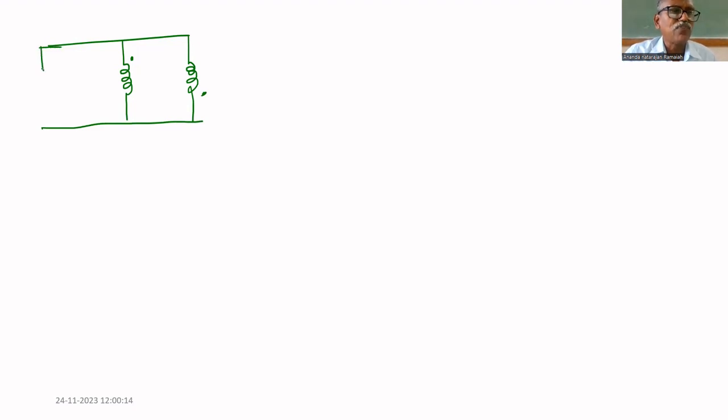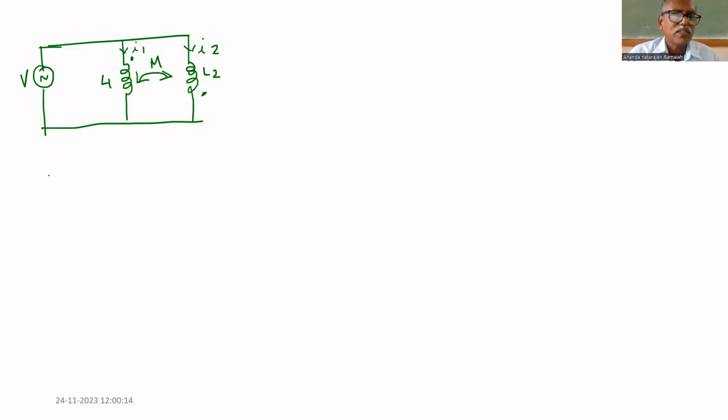The applied voltage is V. This is L1, L2, with a mutual inductance M. Current through this is I1, current through this is I2. Here it is entering the dot, here it is leaving the dot.